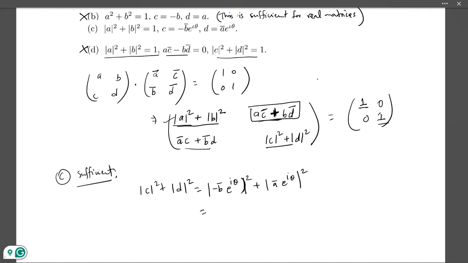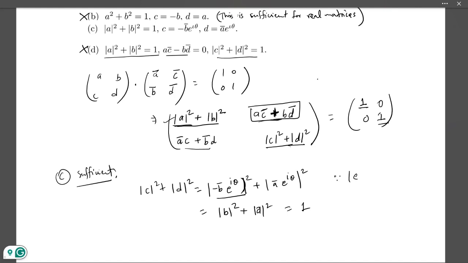But this is nothing but, e power i theta has modulus 1, so this is nothing but mod B square. B bar and B both are of the same modulus, and A bar and A also have the same mod. E power i theta is of mod 1. So we are left with just mod A square plus mod B square, which is 1. So this is also done, the fourth place.